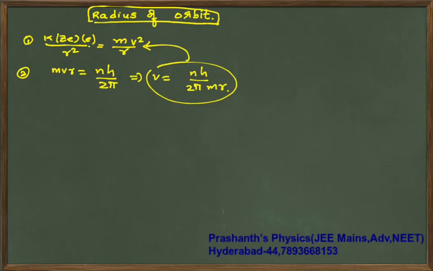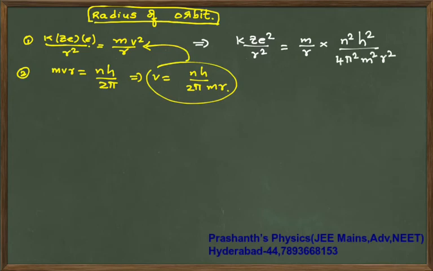If I do that, what I will get is kZe square by r square is equal to m by r into v square, which is n square h square by 4 pi square m square r square. Now r square on this side and r square on that side cancel off, and one m will cancel off. You are going to get r is n square h square by 4 pi square m k Z e square.